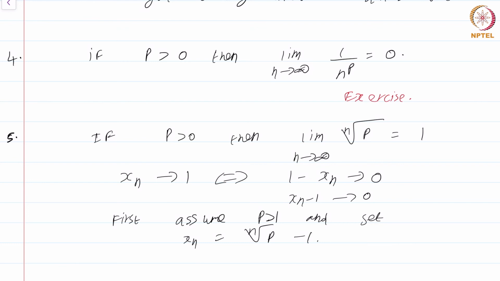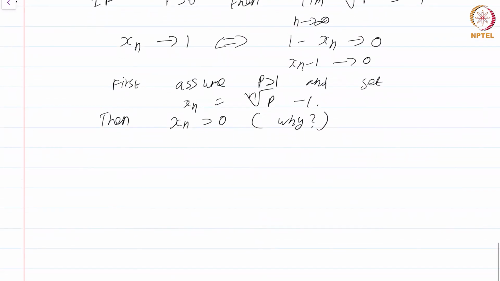Then xn is greater than 0. Why? Please think about why this is true. Now I want to show that this quantity xn converges to 0. How do I approach this?